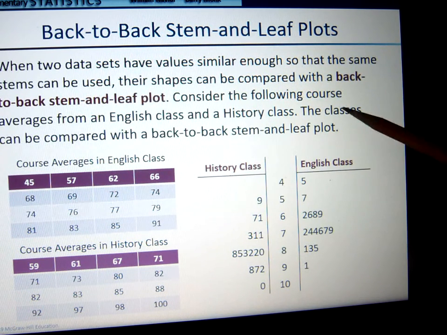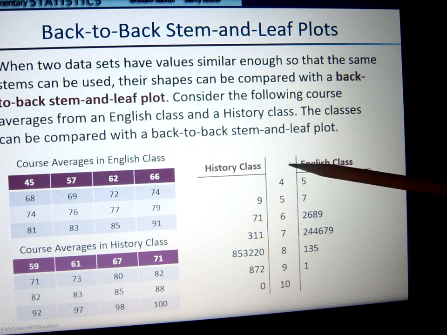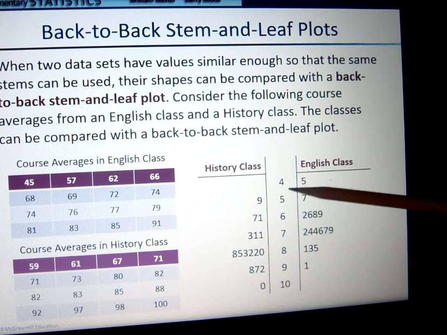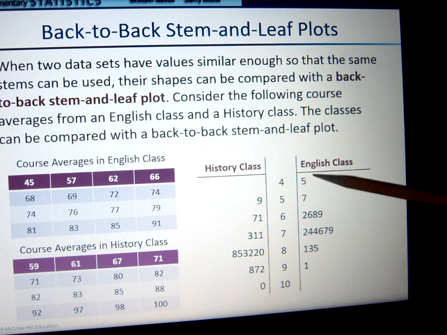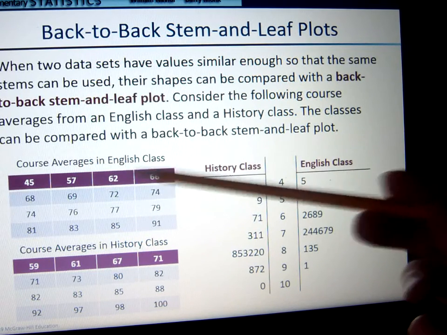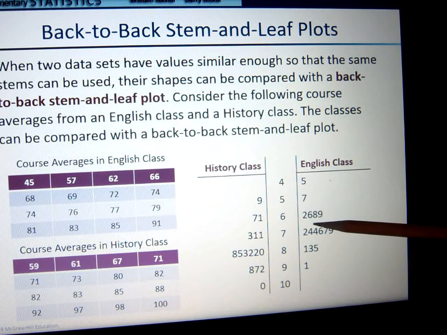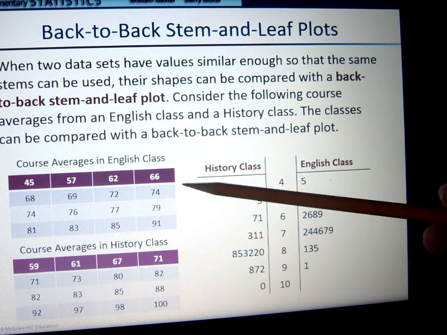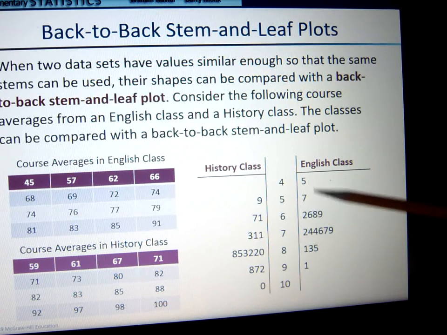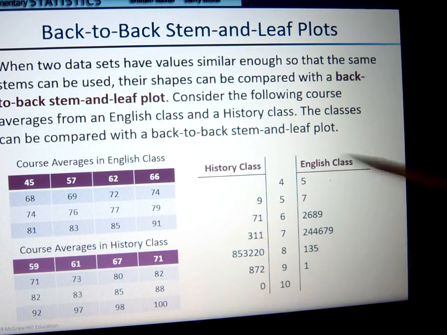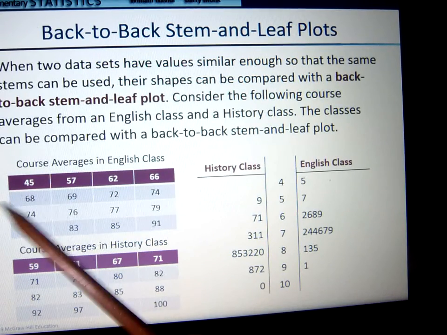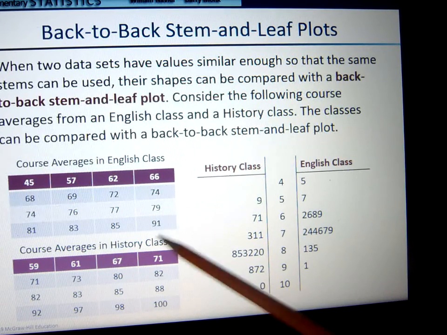As I take a look at this, I can put in my English class. I have 45, then 57, then 62, 66. It is quite helpful if the numbers are already in order, because then you can just go straight down. You don't have to line them up and then organize them later. So these are already in order, so that's a huge help.